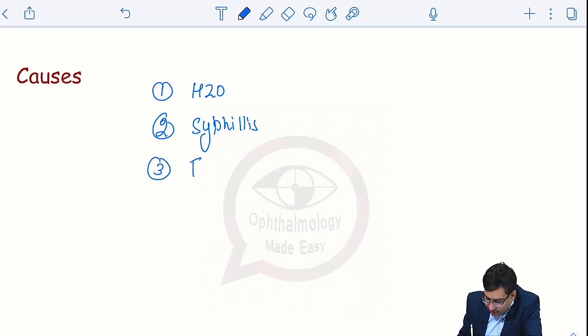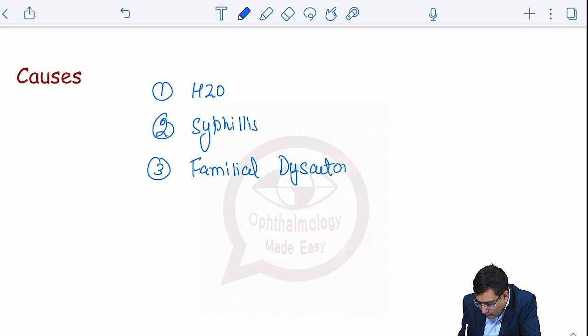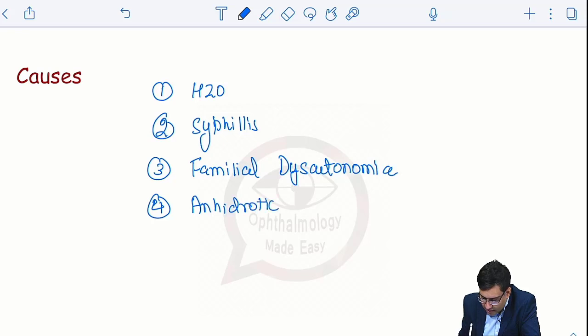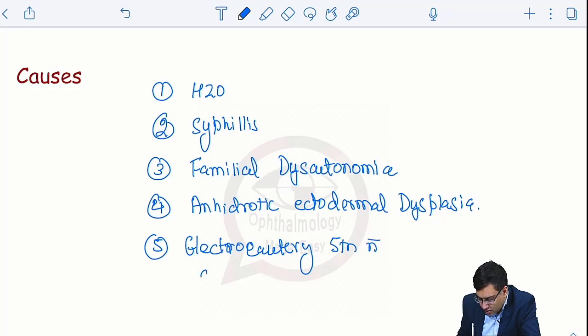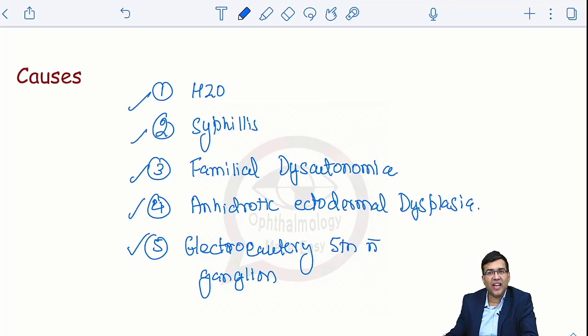Even some congenital causes like familial dysautonomia, anhidrotic ectodermal dysplasias, or sometimes if there is an electrocautery of the fifth nerve ganglion, the Gasserian ganglion, all of them can basically cause a damage to the nerve supply of the cornea, which can cause a neurotrophic keratopathy.